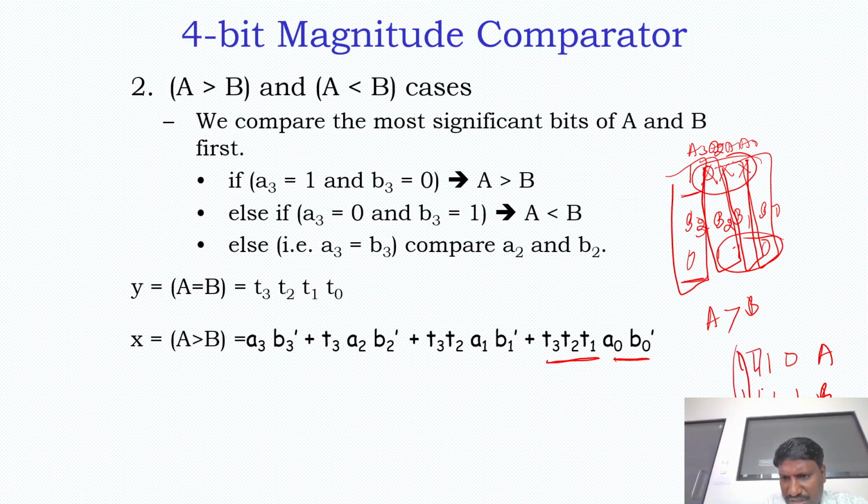These two are equal, these two are equal, these two are equal. So what is that equality? Equality is the complement of the XOR operation, that is, the XNOR operation.